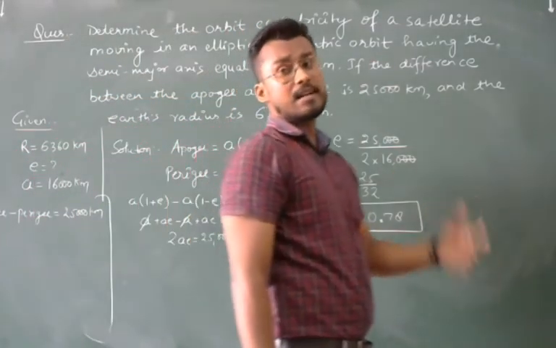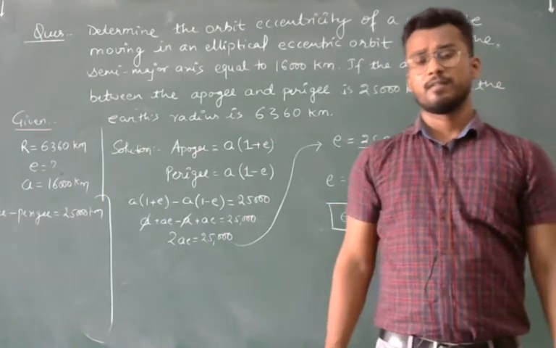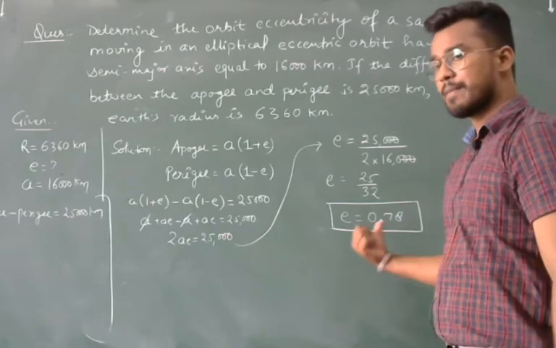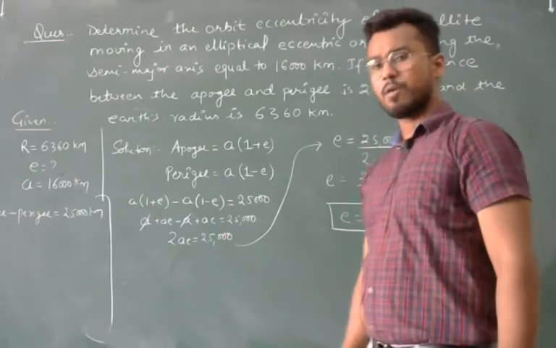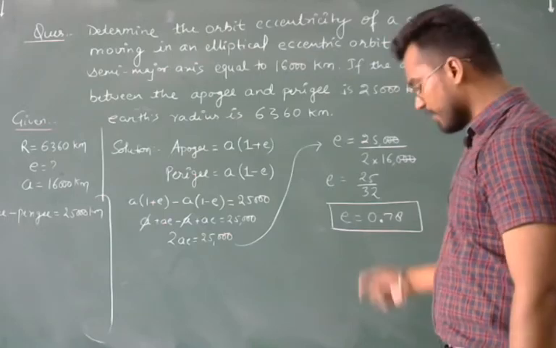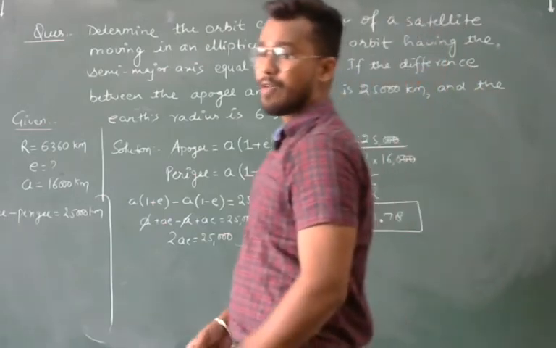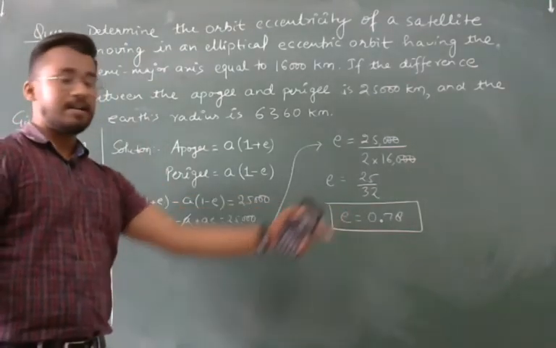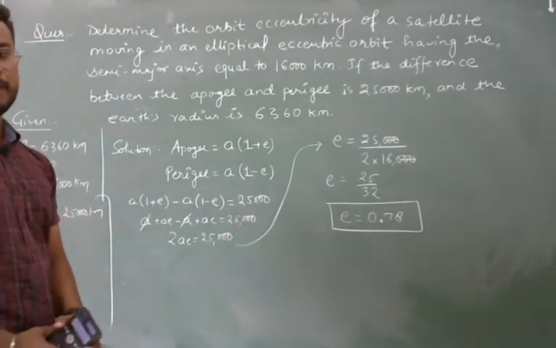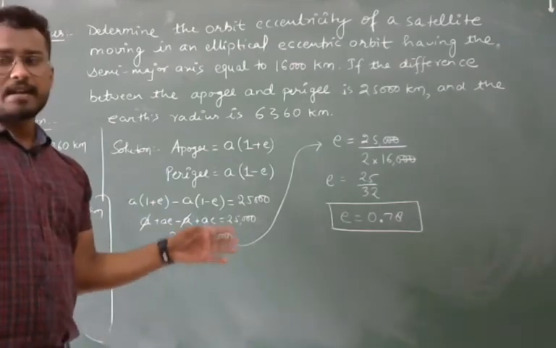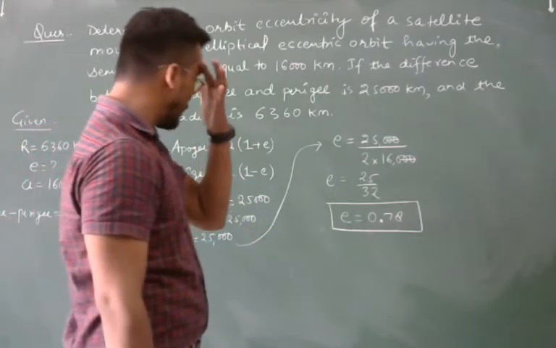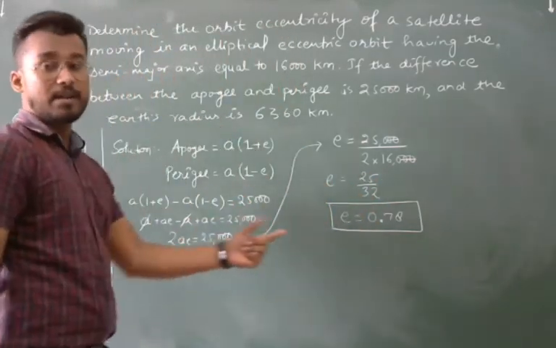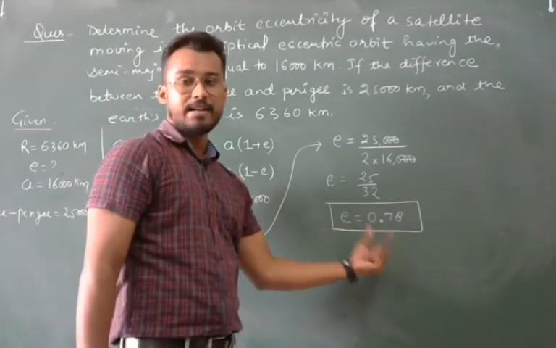This question is generally asked many times as a multiple choice question, so the answer will be near about this. So what is the value of E we find while solving? It is 0.78, and I told you in the starting that the eccentricity value lies between 0 and 1. So after calculation we get 0.78.